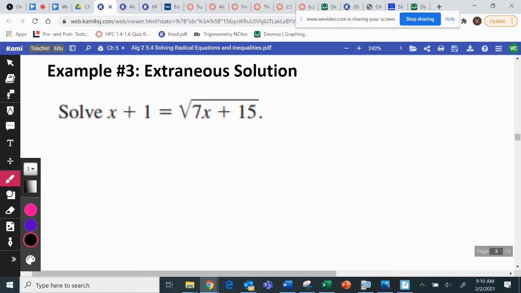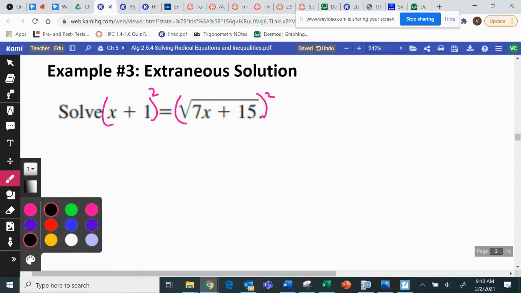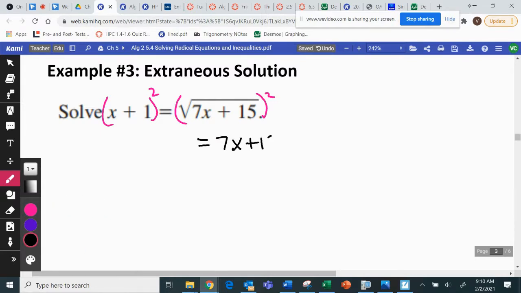I talk into this microphone like it's going to make me louder. It's not. What do we do? We square, right? But if I square this side, I have to square the other side too. So on the right side, I will get 7x plus 15. On the left side, I have to multiply out x plus 1 times x plus 1.